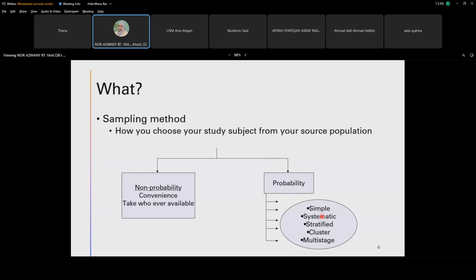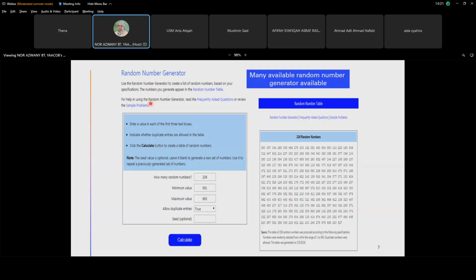So you have the simple, systematic, stratified, cluster, multi-stage. I won't go into detail of each, but this is the thing that you have to go back and read on what it is. So I just give example for simple random sampling.